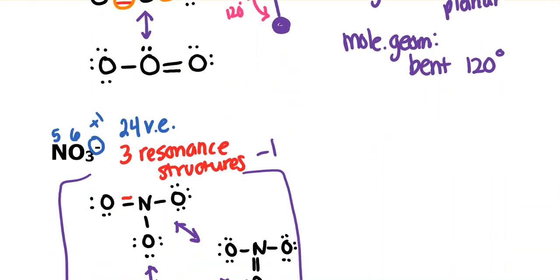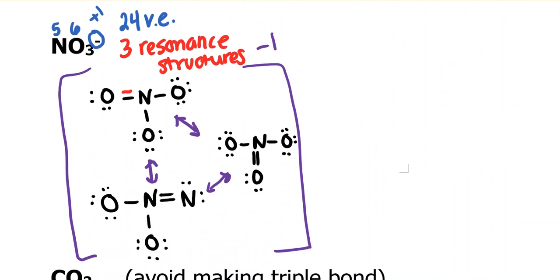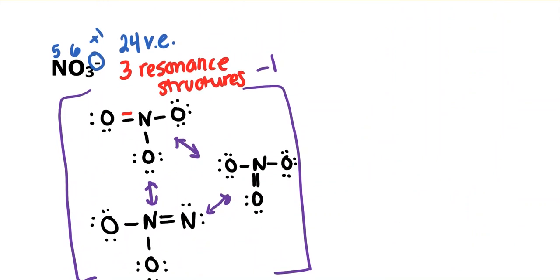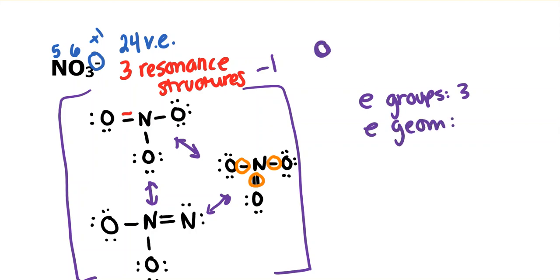Let's do one more. Again, when you have resonance structures, you can just choose one to see the geometry. So I'm going to choose this one. This nitrogen has 3 electron groups. The electron geometry, like the last one, I have a central atom and then I have 3 groups.